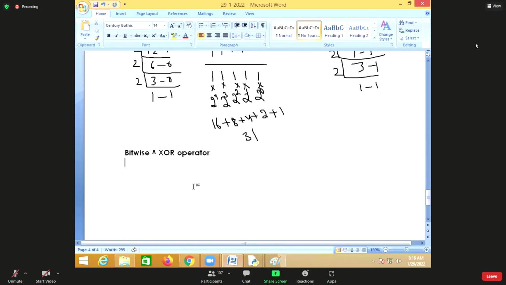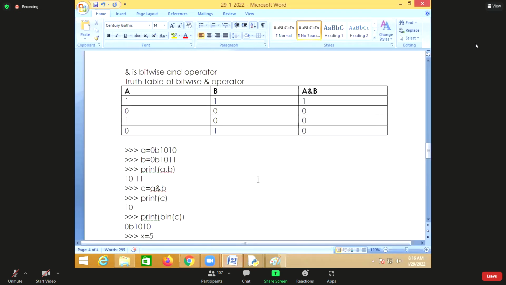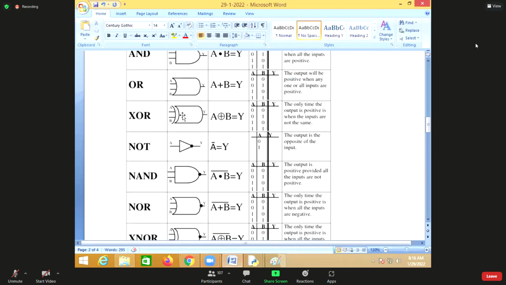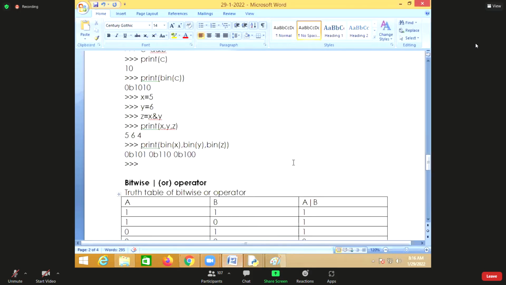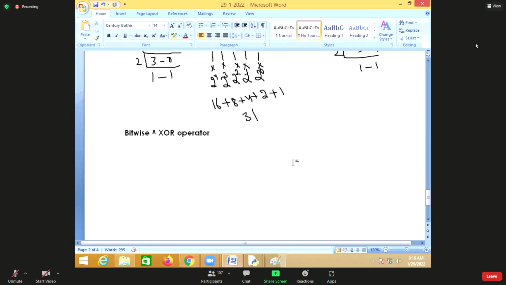What happens in the exclusive OR operator? The only time the output is positive is when the inputs are not the same. If the inputs are not the same, then you get the result as positive.